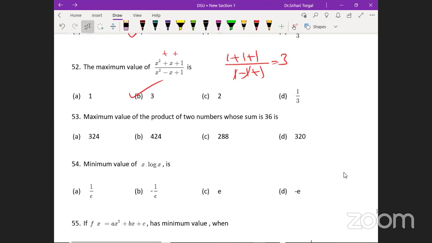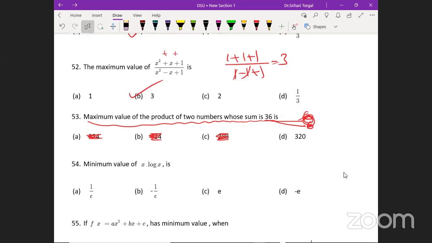Maximum value of the product, if the sum of two numbers is 6, then the two numbers are 6 and 6. I think you have to change the options here. The maximum value of the product of two numbers whose sum is 36. If they are giving the sum, this has to be divided by 2.